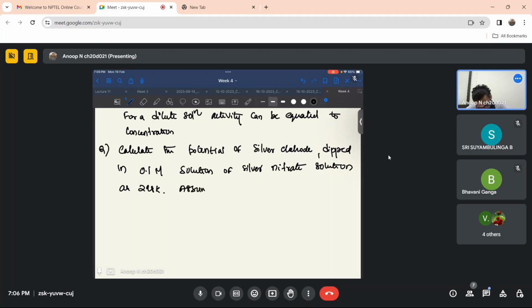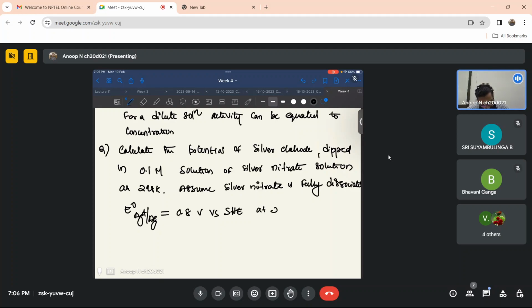Assume silver nitrate is fully dissociated. Given E0 Ag plus bar Ag is equal to 0.8 volt versus SHE at 298 Kelvin. Can you try to solve?